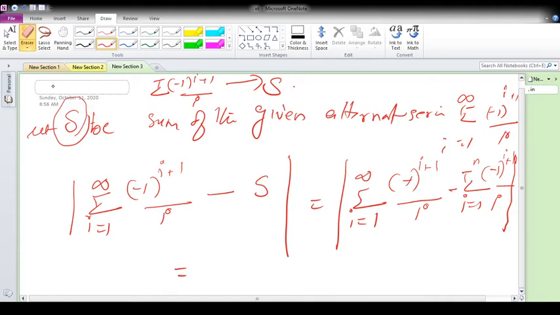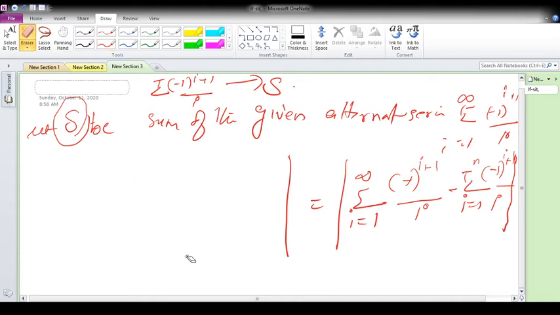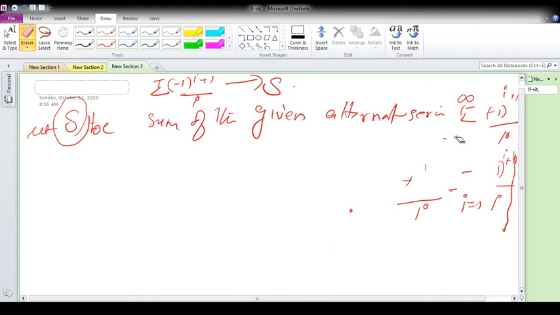I will write clearly. So we take S to be the sum of the given infinite series.